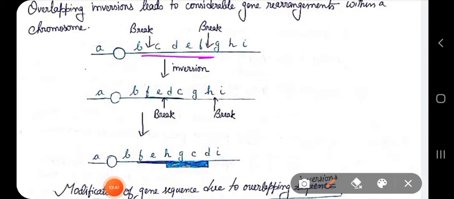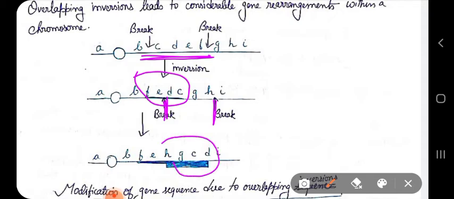You see two breaks have occurred within this region, and that segment CDEF has been arranged inversely to form this inverted segment. Now this inverted segment again undergoes a second round of inversion by causing breaks on this and this side, which leads to the formation of a secondary inversion. You can see here a secondary inversion has been involved.